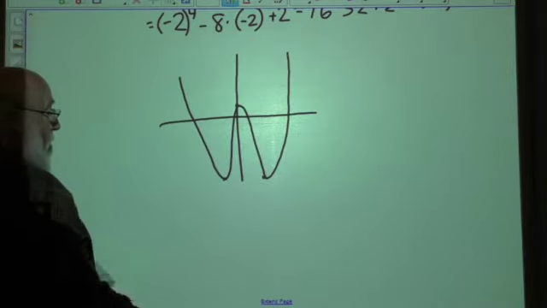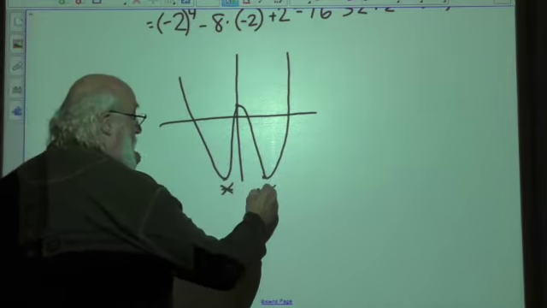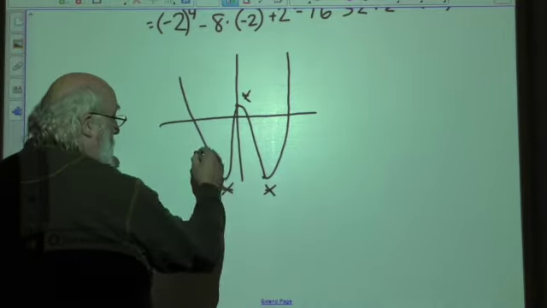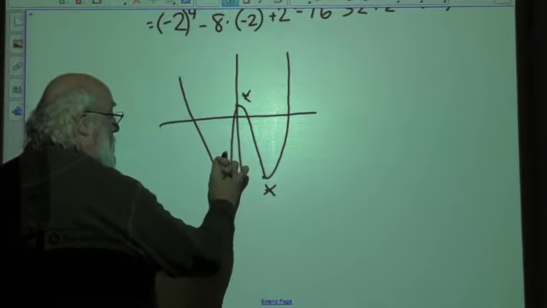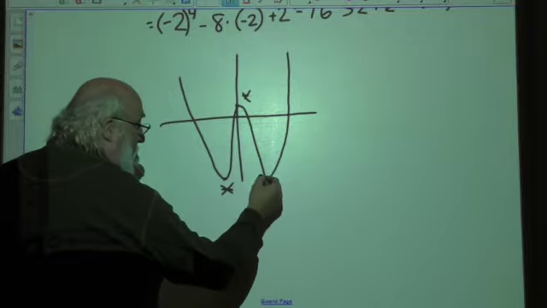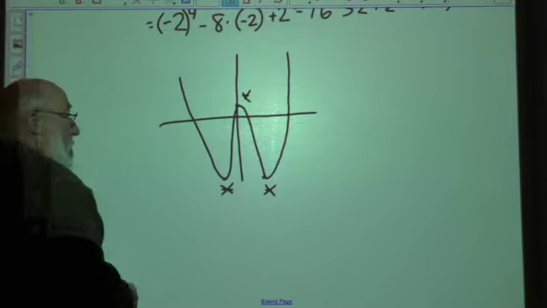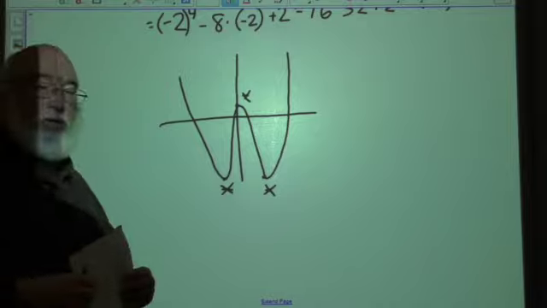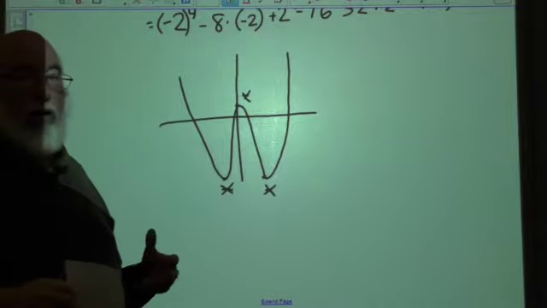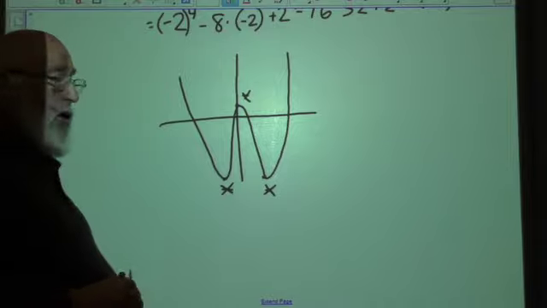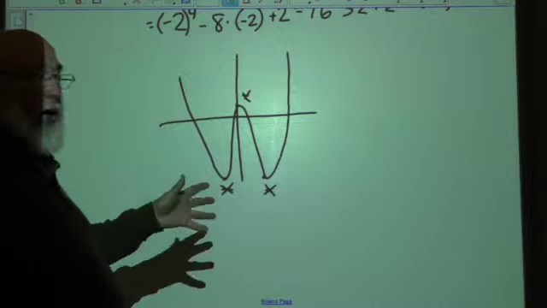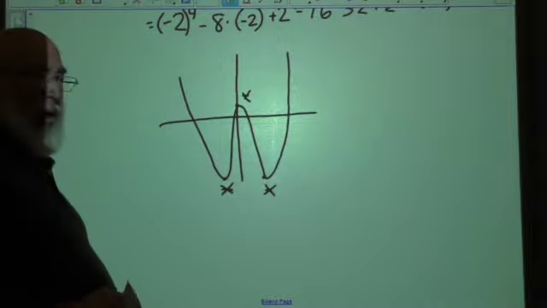And like I said, these are inflection points here, here, and here. This is going negative, and then positive, and then goes positive, and then negative, and positive. So that's pretty much what happens with a 4th power equation. Sometimes, however, you only get 1, for reasons we'll get into probably when we see them.